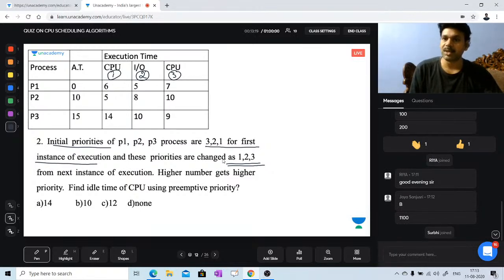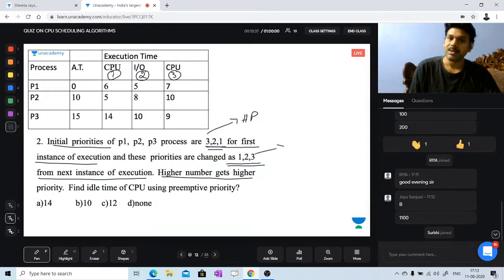Please friends, observe carefully, analyze the question carefully. First priority is 3 to 1, then the reverse priority is 1 to 3 from the next instance of execution. Then the higher number gets higher priority only. This is your high priority.